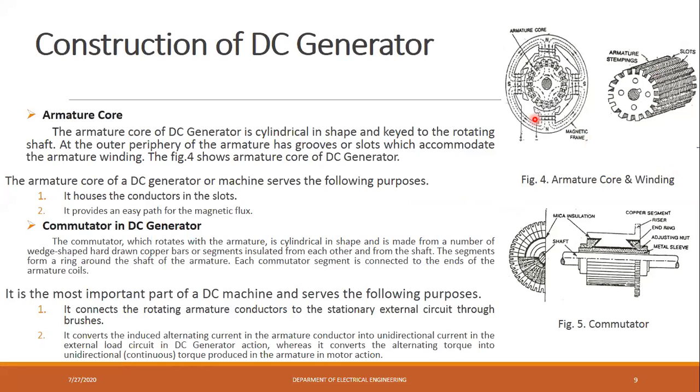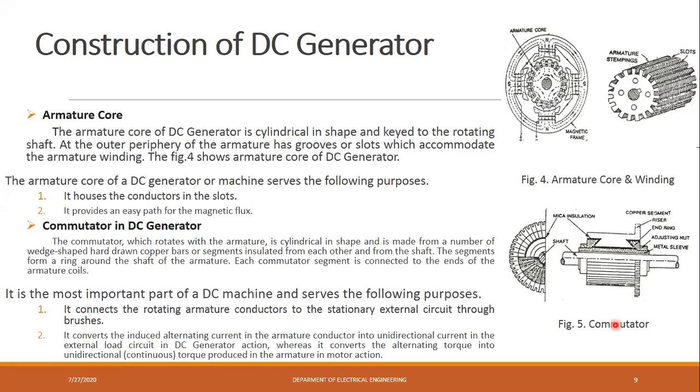So again there is a commutator. We will see the commutator separately, but here the commutator rotates with the armature. See, here is a commutator segment which is connected over the shaft. It is also cylindrical in shape, and is made of a number of wedge-shaped hard copper bars.